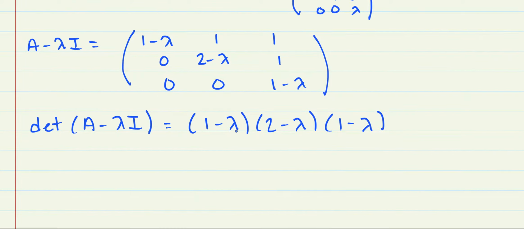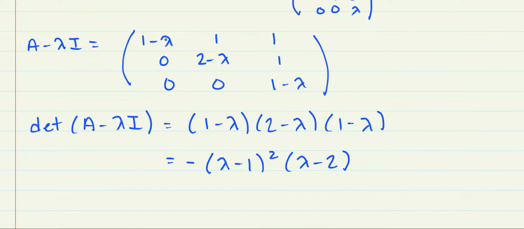I'm going to factor out a negative from each one of these pieces here, and I'll have a negative 1, a negative 1, a negative 1. Multiply them together, I just get a negative 1, lambda minus 1 squared, lambda minus 2.